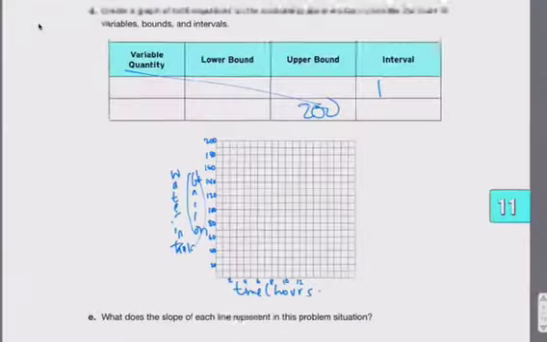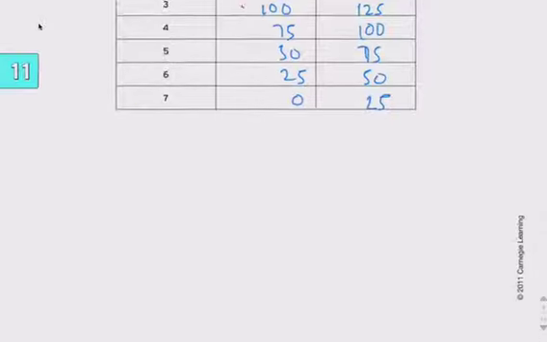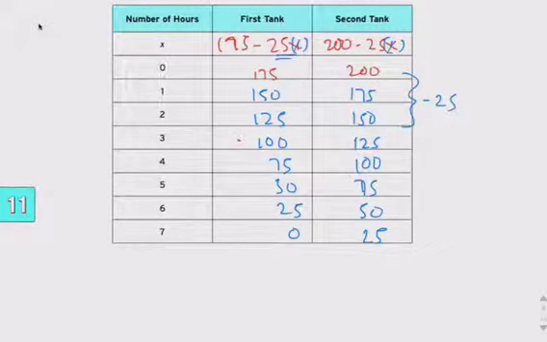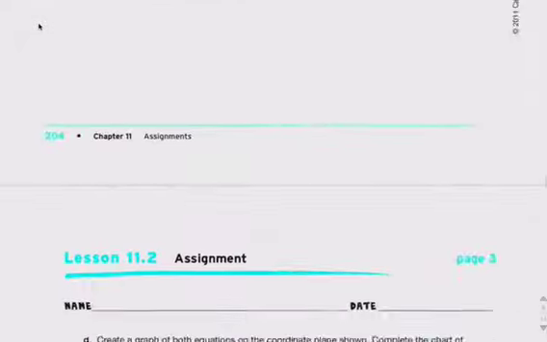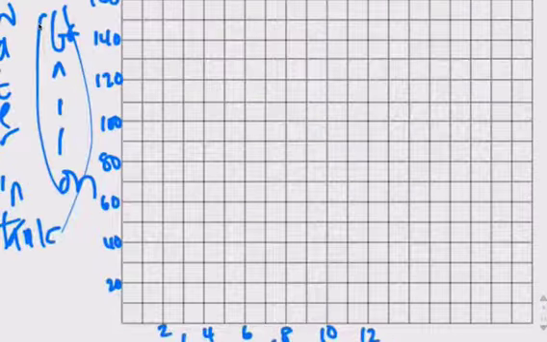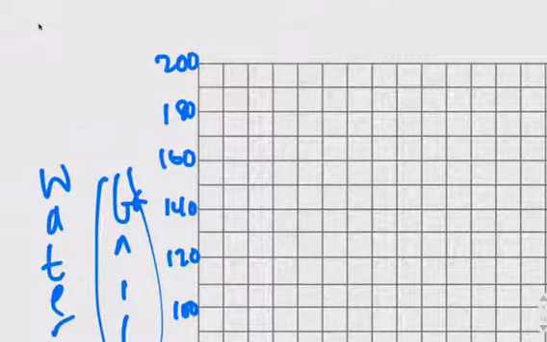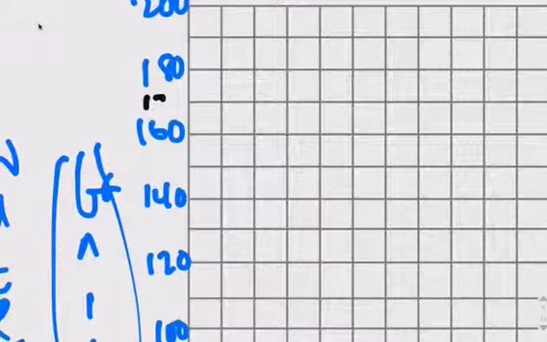Okay, count by 1. So either we use the slope or the graph, whichever way. It's easy to do. Here's 175, between 170 and 180.